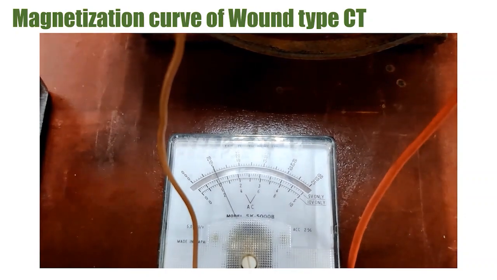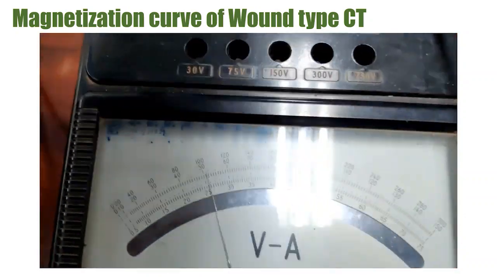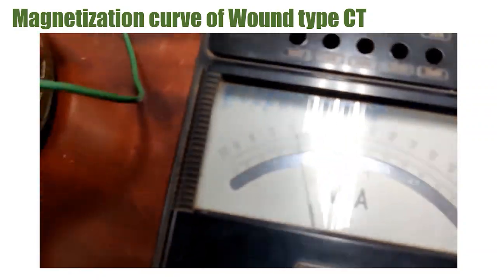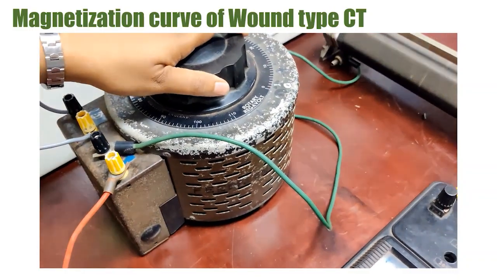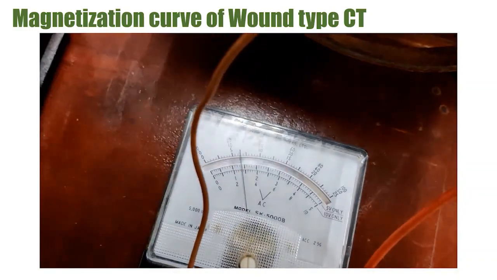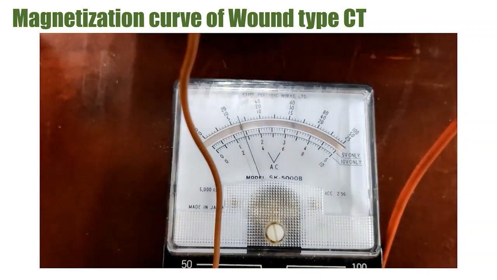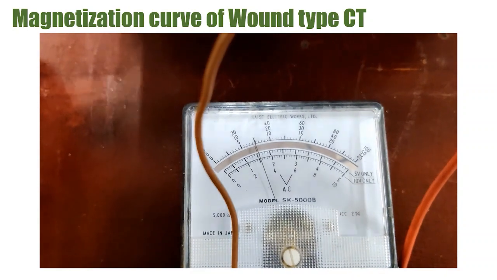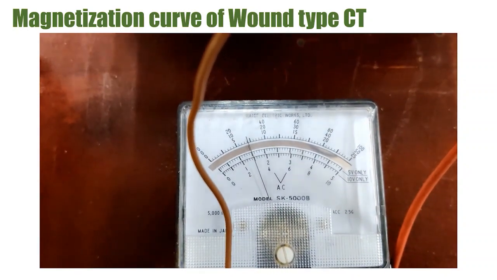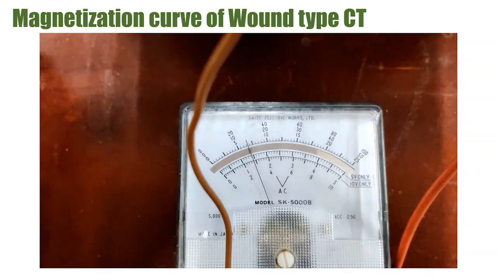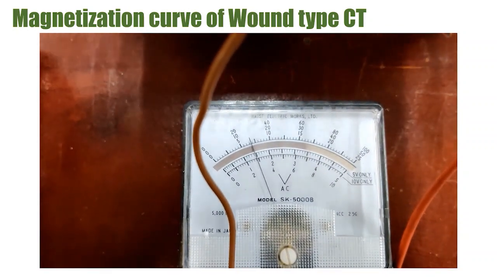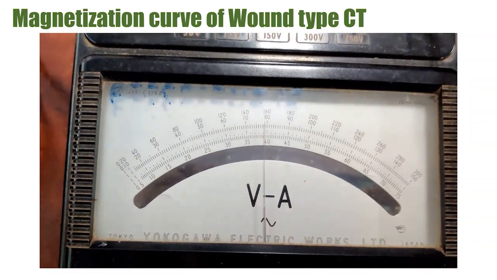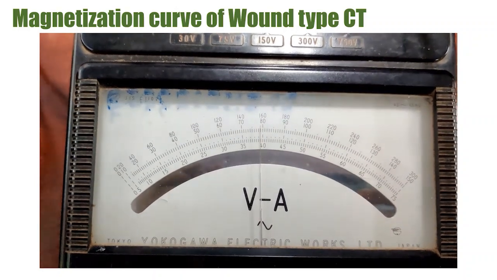And then take the ammeter reading as in the previous step. Then increase the voltage by 2 volts and take the ammeter reading. Likewise, increase the voltage 2 volts at a time and take ammeter readings up to 20 volts.